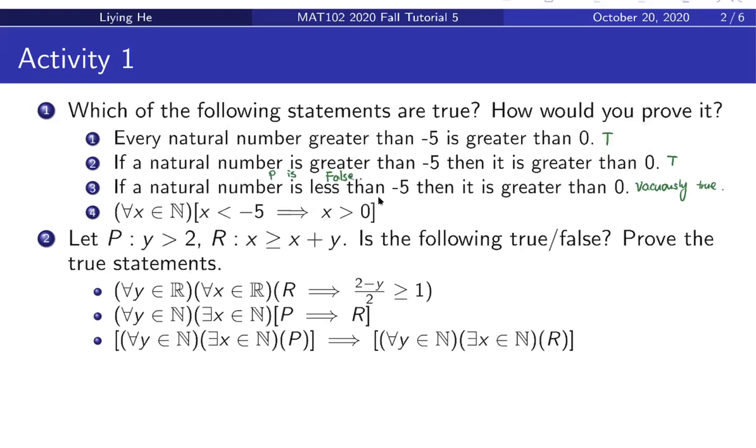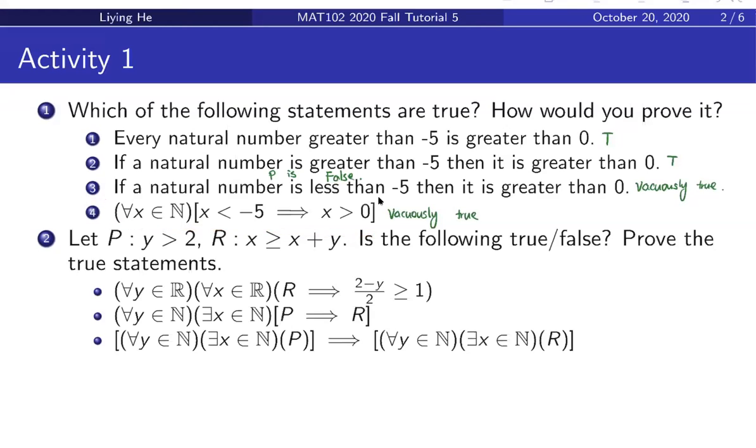Number 4, is it true or false? Yes, vacuously true again, for the same reason, because number 4 is like number 3 written in logic symbols.